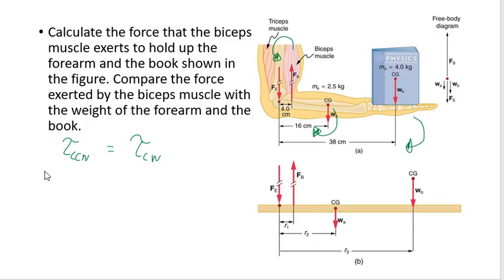So let's now have here the force exerted by the biceps muscle. Now you can see here, it's perpendicular, so we can just use F times d since the angle is 90 degrees and sine 90 is equivalent to 1.